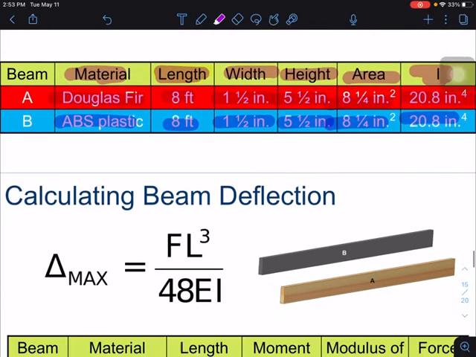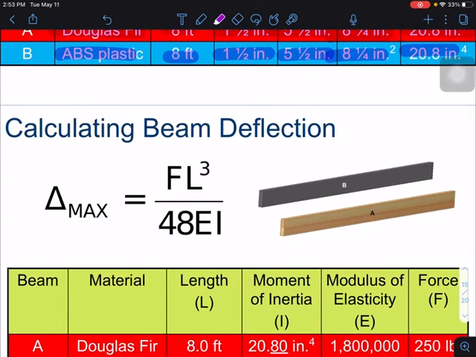When we calculate the maximum beam deflection, it's force times the length cubed, with length in inches, divided by 48 times Young's modulus times the moment of inertia.